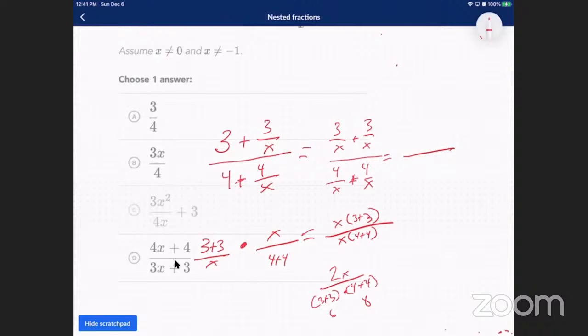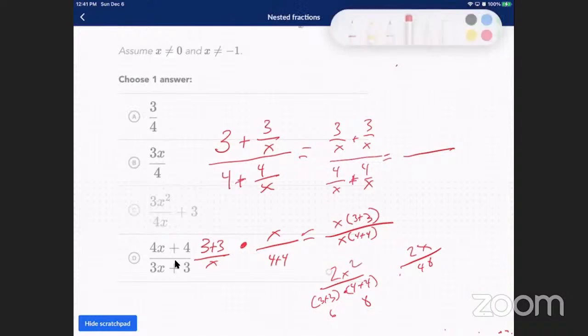That would be x squared. Whoops. 8x times x is x squared. The x squared seems to be possible.